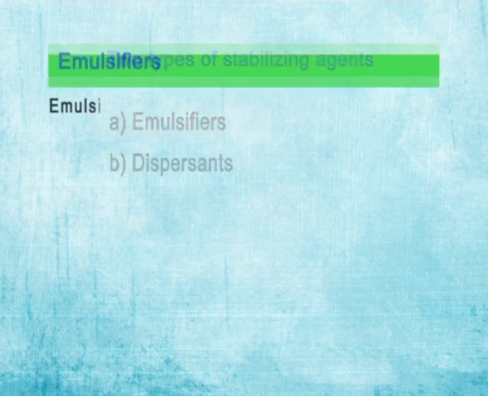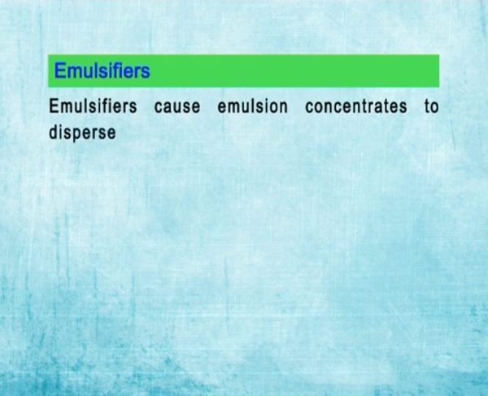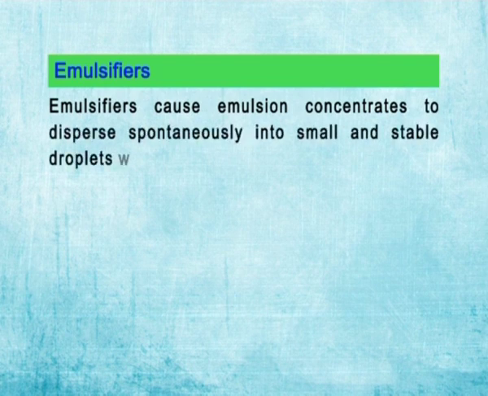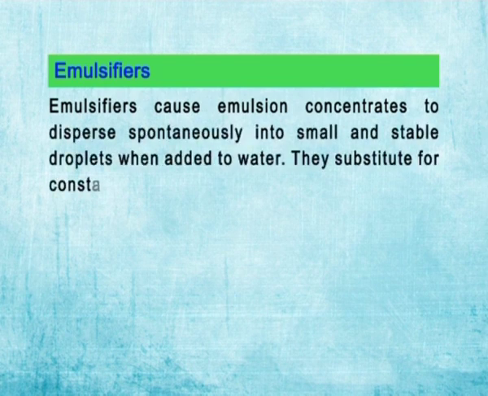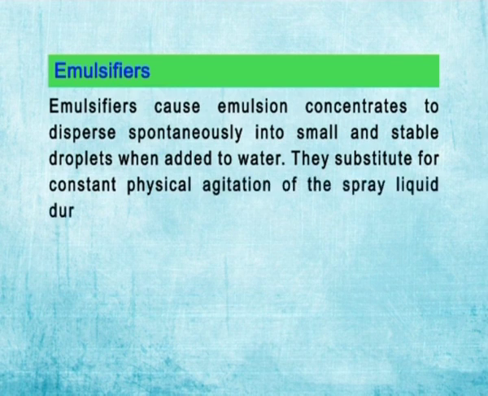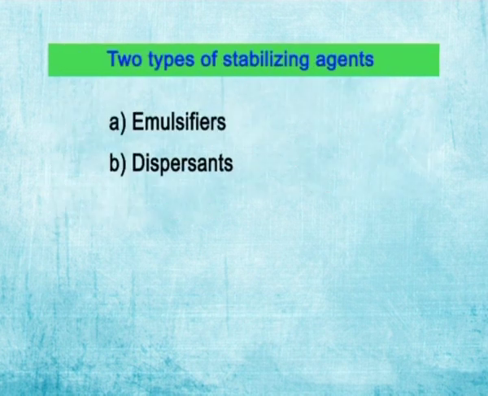Emulsifiers. Emulsifiers cause emulsion concentrate to disperse spontaneously into small and stable droplets when added to water. They substitute for constant physical agitation of the spray liquid during field operation. B. Dispersants.